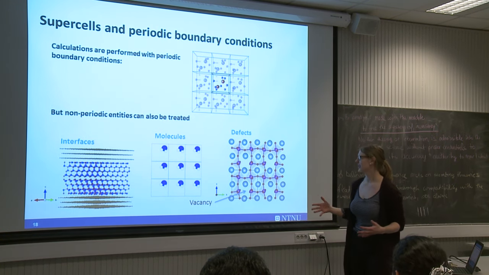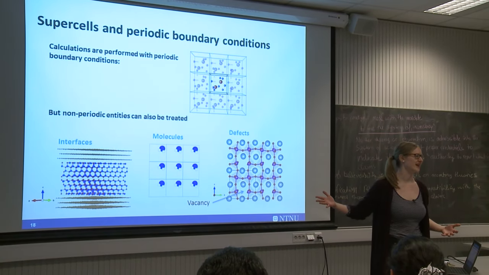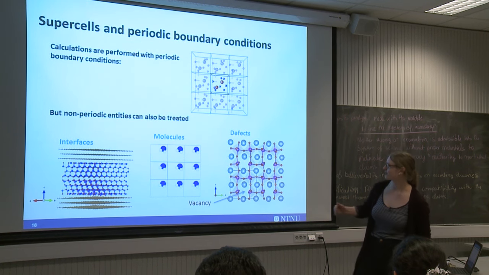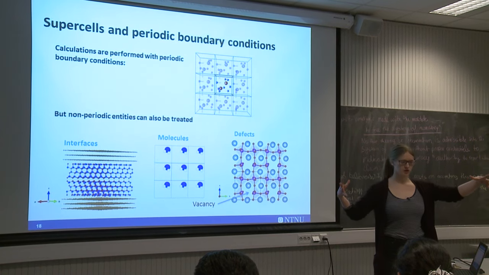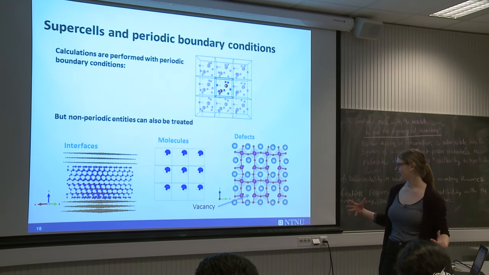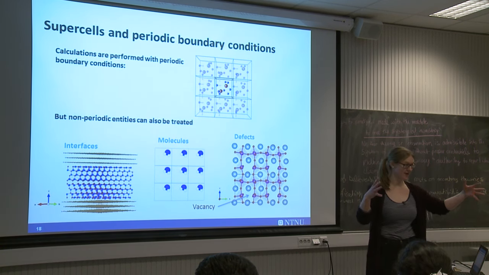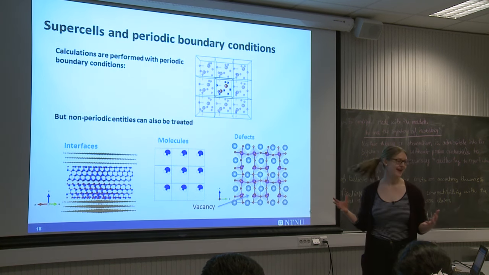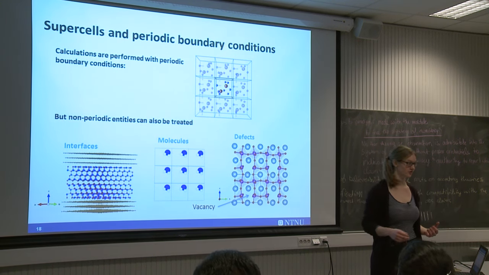So for example, if you want to simulate a molecule, maybe first of all, plane wave DFT is not the best thing because it's optimized for crystalline structures. But if you don't want interaction across the periodic boundary condition, you have to make a lot of blank space around it, right? And also when you simulate defects, you need to take care in how you define your supercell to not have artificial interactions due to the periodic boundary conditions.